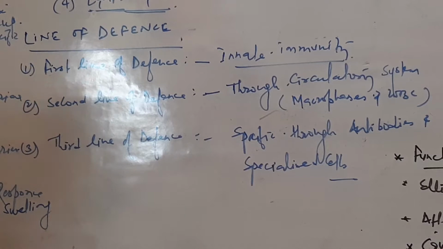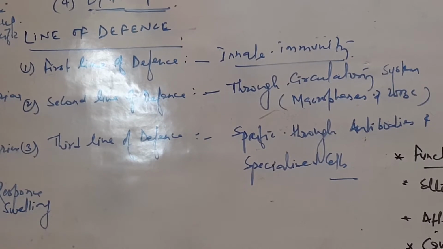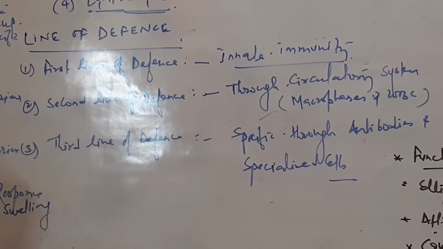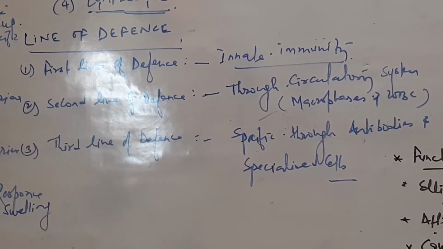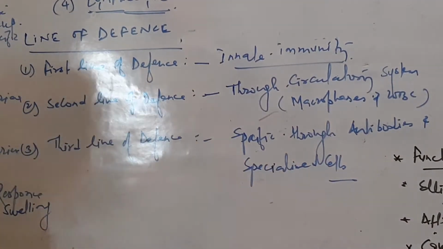The first line of defense acts when microbes come inside the body, through things like the skin and other processes, and some chemicals which are produced to prevent foreign invaders or microbes from entering the body. Then the second line of defense comes in our circulatory system.